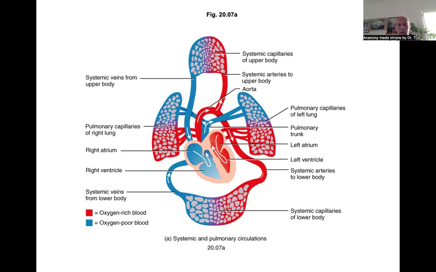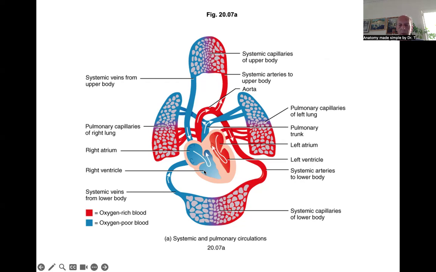The left side of the heart, atrium and ventricle, they're handling oxygenated blood coming from the lungs, and then the force of contraction of the left ventricle distributes oxygenated blood into a system of arteries, arterioles, into body capillaries, where exchange of gases, nutrients, and waste products is taking place, and then blood flows smoothly through the venous end of the capillary bed into venules, then into larger and then the largest systemic veins, superior and inferior vena cava, bringing deoxygenated blood back into the right atrium.